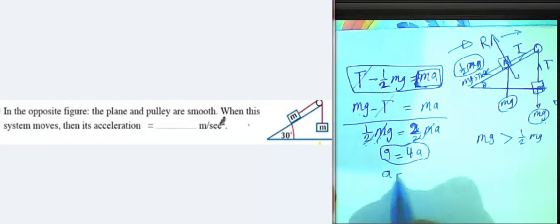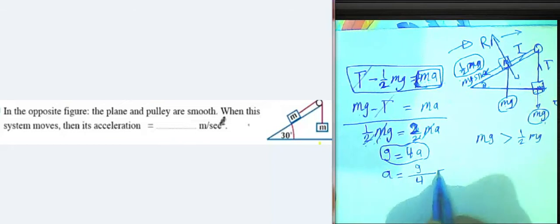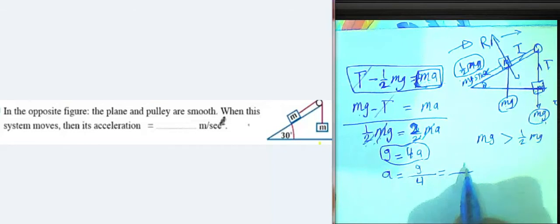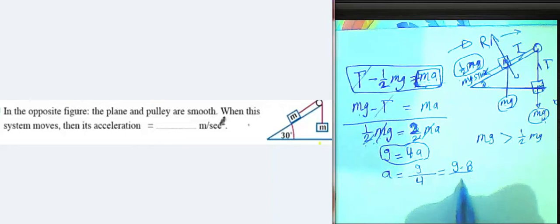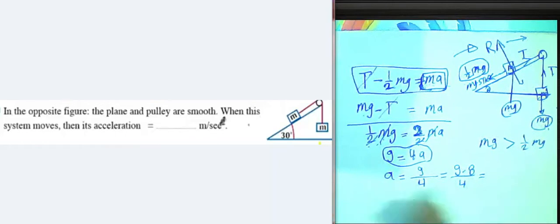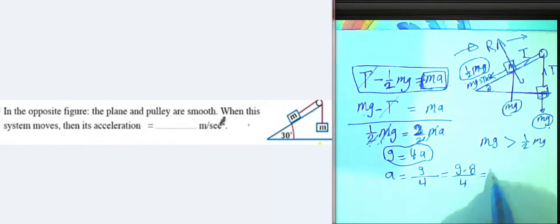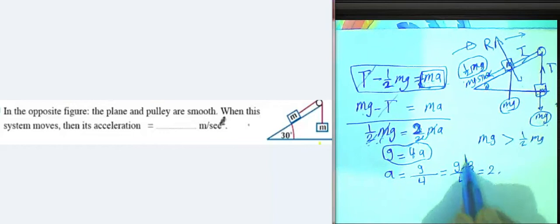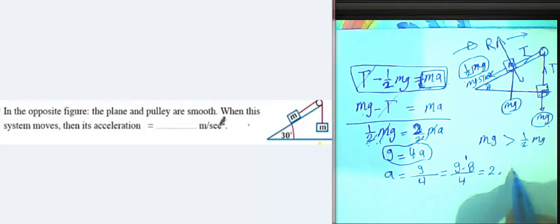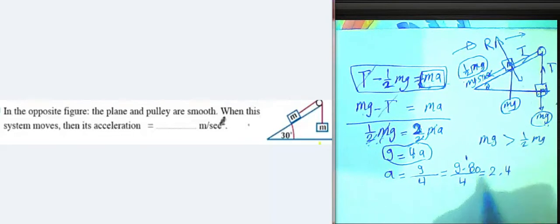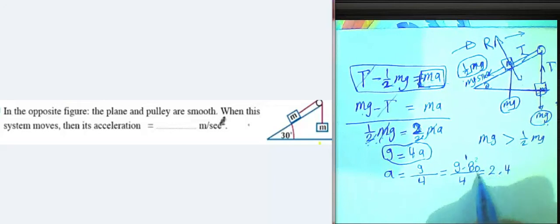Then acceleration will be g over 4, g equal 9.8 divided by 4. We can find the acceleration by this relation. 9 divided by 4 equal 2, and the remainder 1. 18 divided by 4 equal 4, and remainder 2. 20 divided by 4 equal 5.